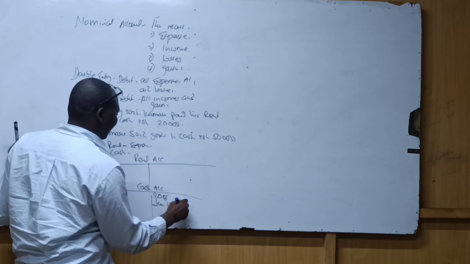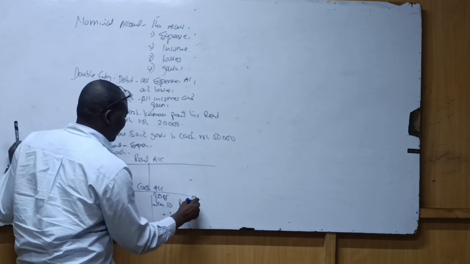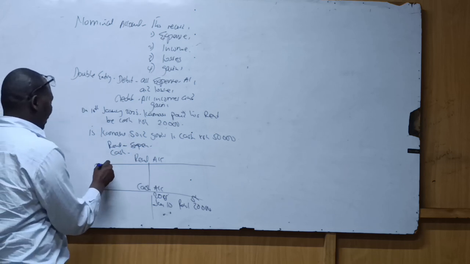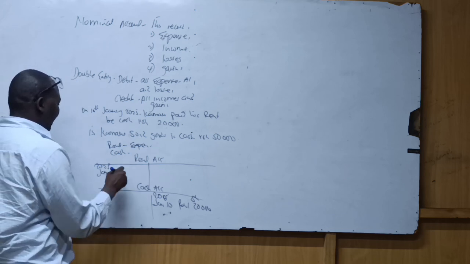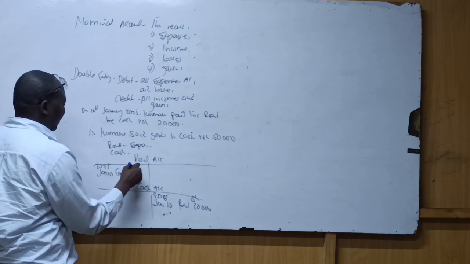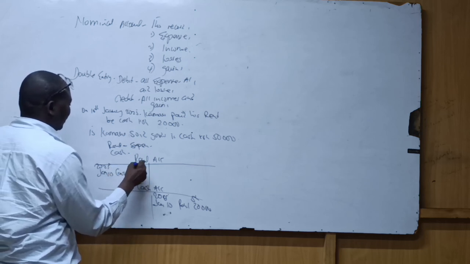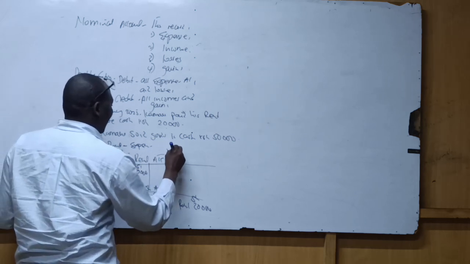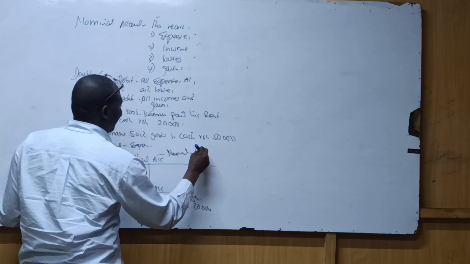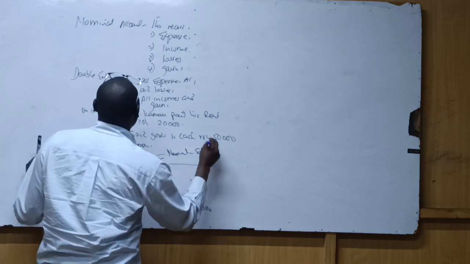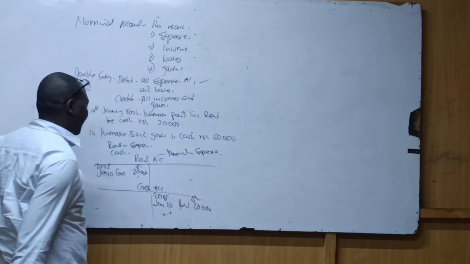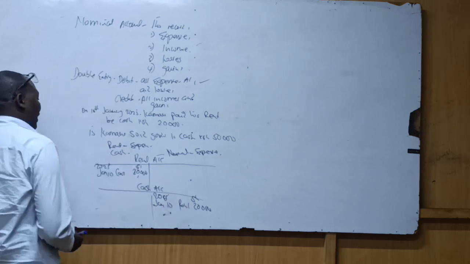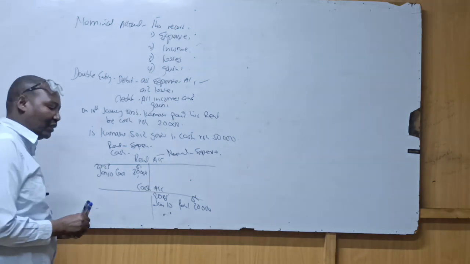The rent account is 20,000, and on the other side, 10th January, we used cash to pay rent, 20,000. Rent is a nominal account, which is an expense, and for those we debit. The cash account has a reduction, so there is a loss of cash, and we credit the cash account.